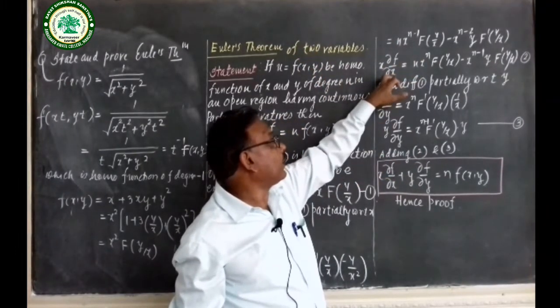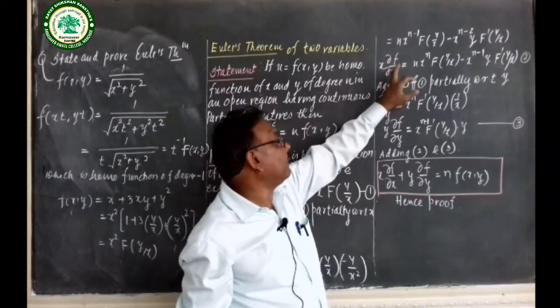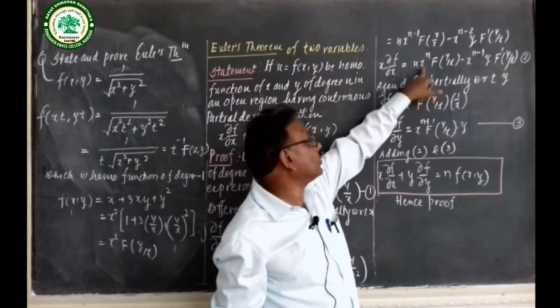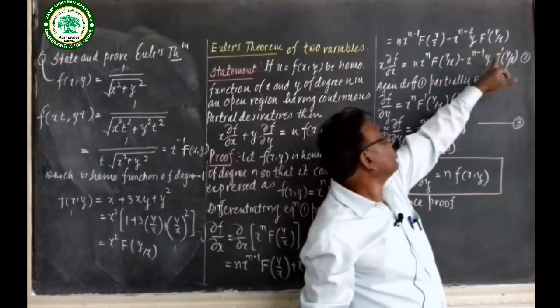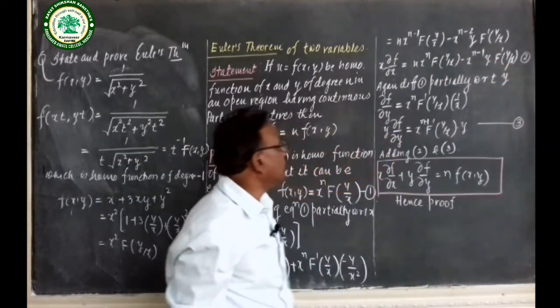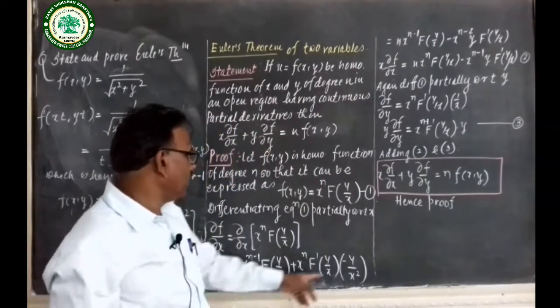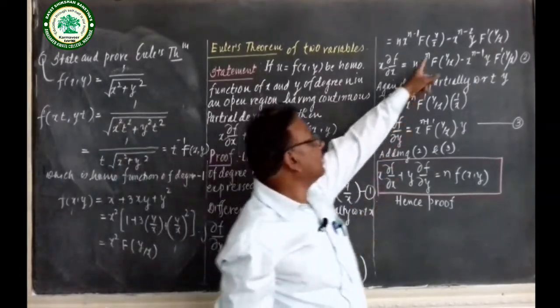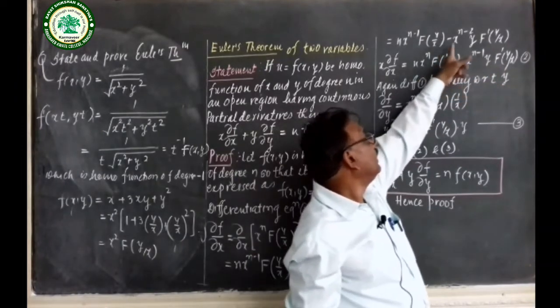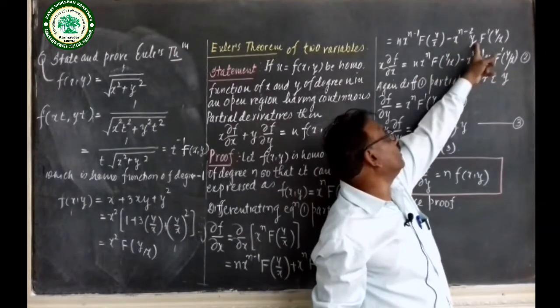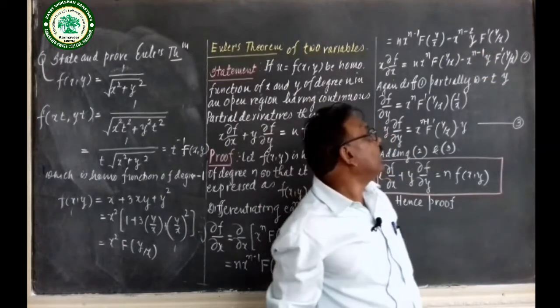The left hand side is multiplied by x, therefore x into del f by del x, which is equal to n into x raised to n F of y by x, due to this minus sign, this term will become minus and x square will be cancelled to one x square. Therefore x raised to n minus 1, y F dash of y by x.